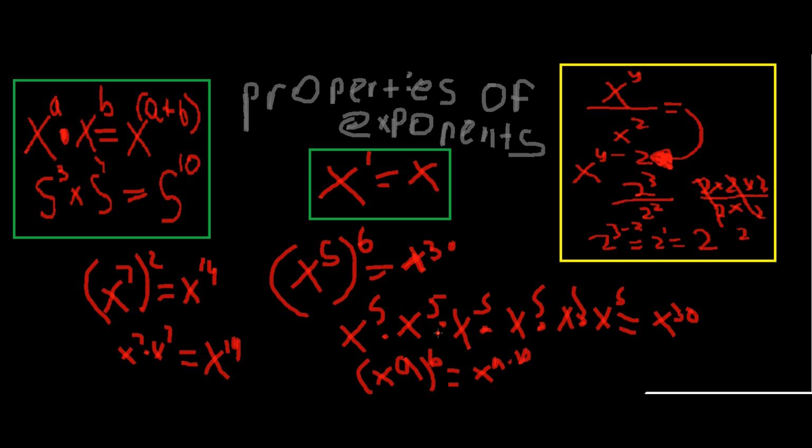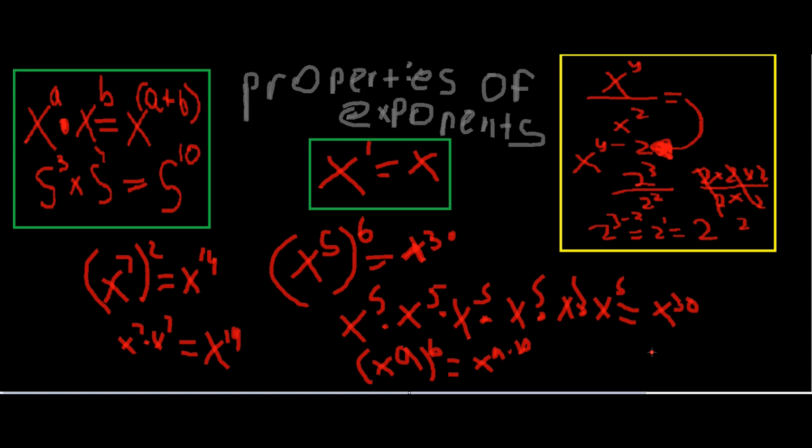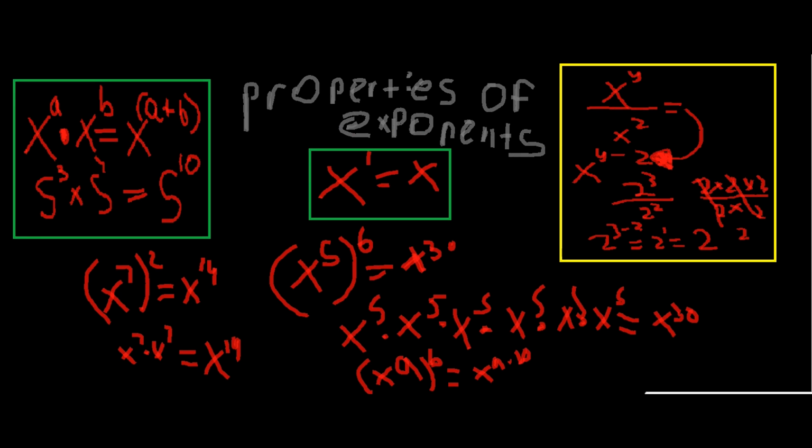And for our final property, I am running out of room here. For our fourth property, what if we have something interesting? Tell me what x to the 0 is.